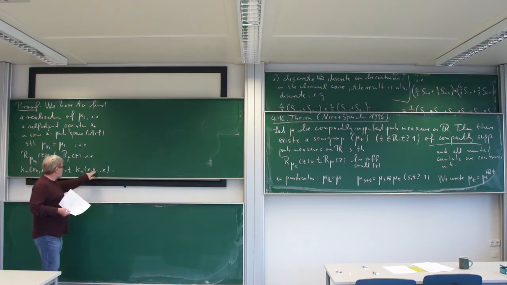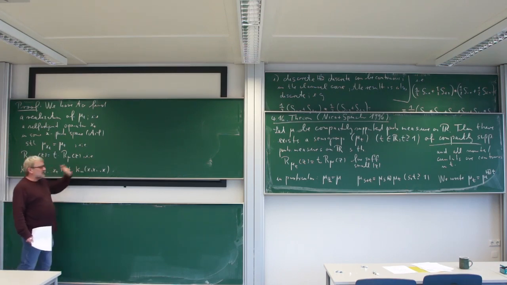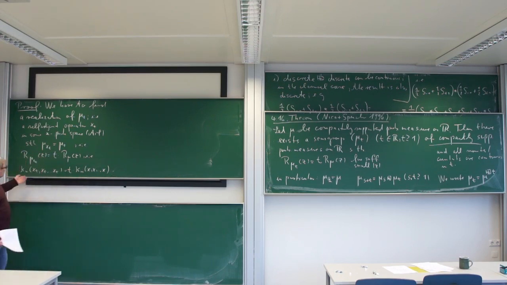So if x has the moments of this measure as its moments, then the moments of x are exponentially bounded, which means the cumulants of x are exponentially bounded. And if I then multiply the cumulants just with t, they still are exponentially bounded. So this means if I want an operator for which the cumulants are given by this, then the fact that the moments of x are exponentially bounded also means that the moments of x_t are exponentially bounded. So I really have a probability measure with compact support.